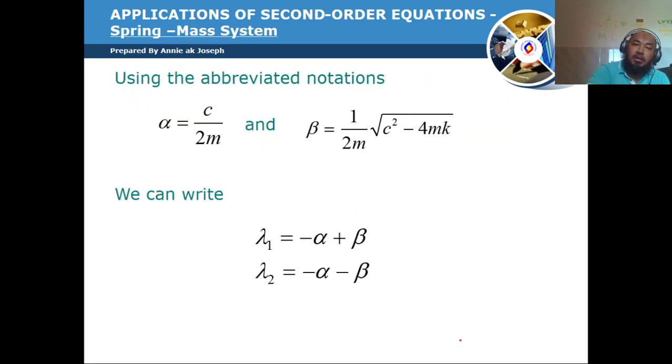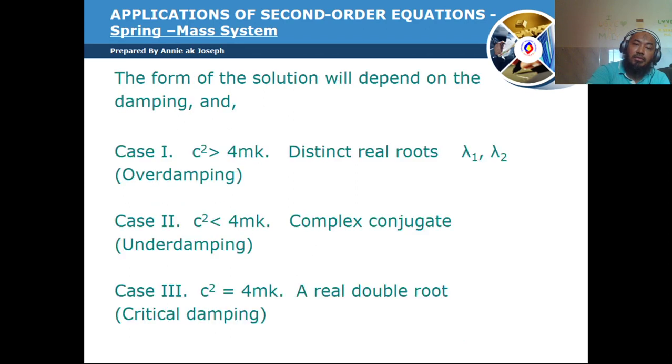If the equation has two real solutions, we call it overdamping. If there is only one solution, a double root, this is critical damping. And if c squared is less than 4mk, this is underdamping.